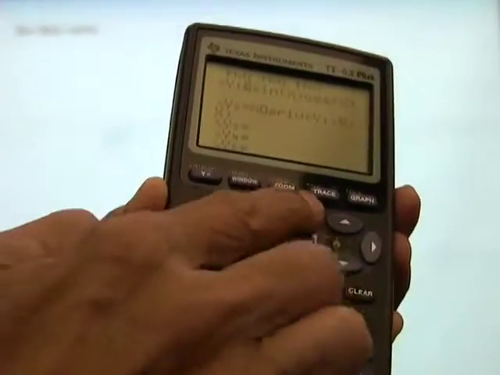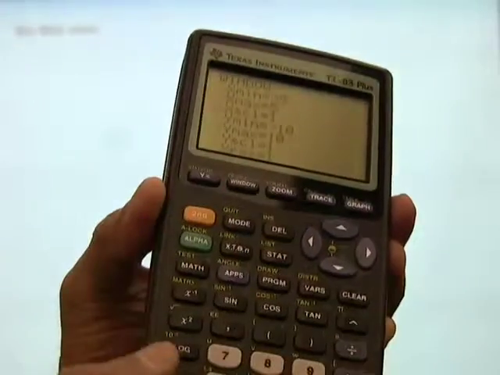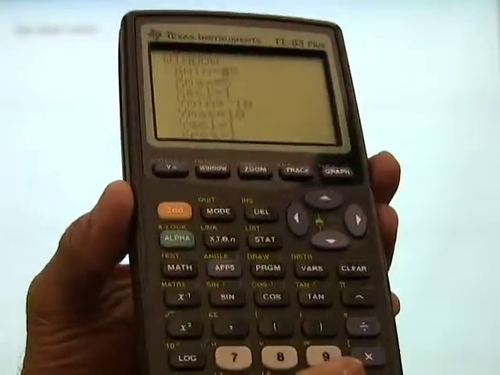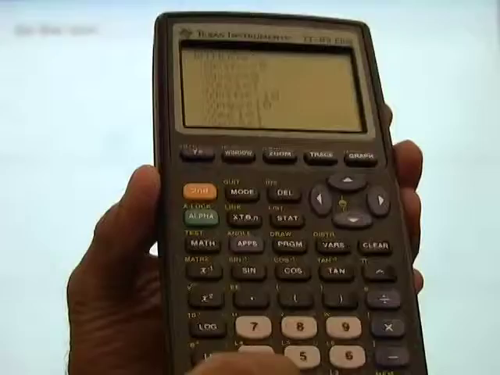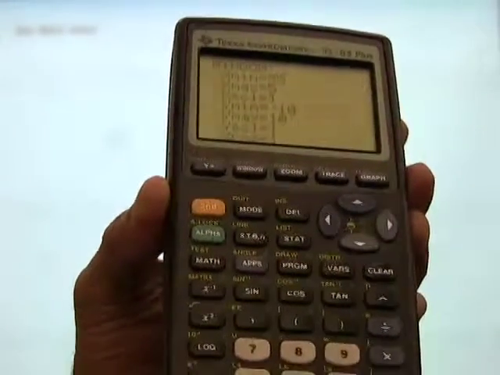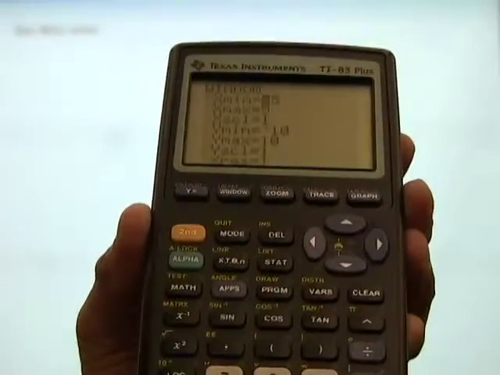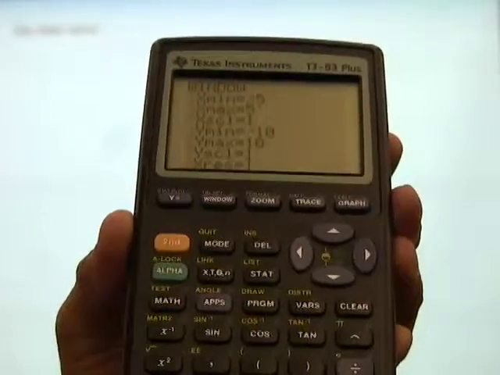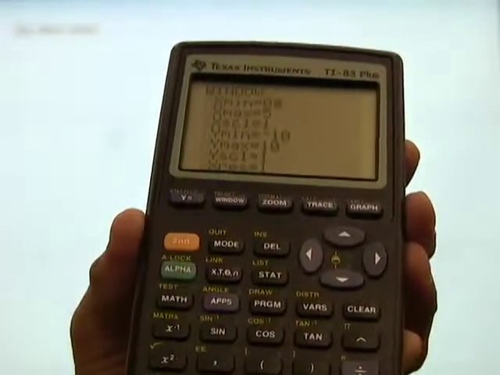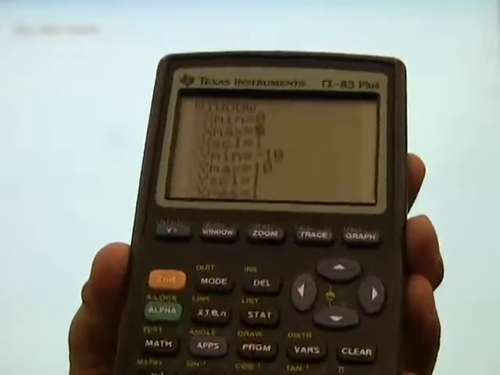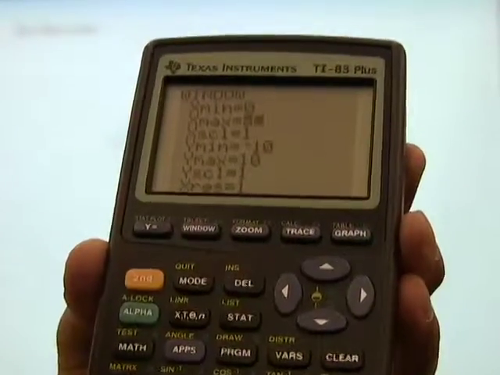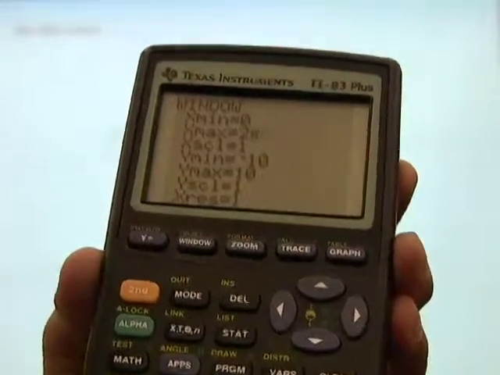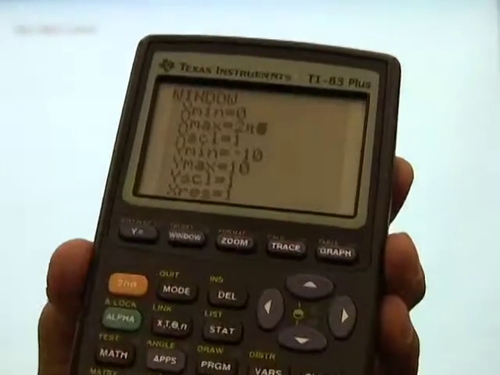All right, now go to window and set the window. What's the window that we are using? We've got to draw the graph from 0 to 2 pi. Is that right? So 0, enter, 2 pi, enter. That will be 0 to 2 pi.